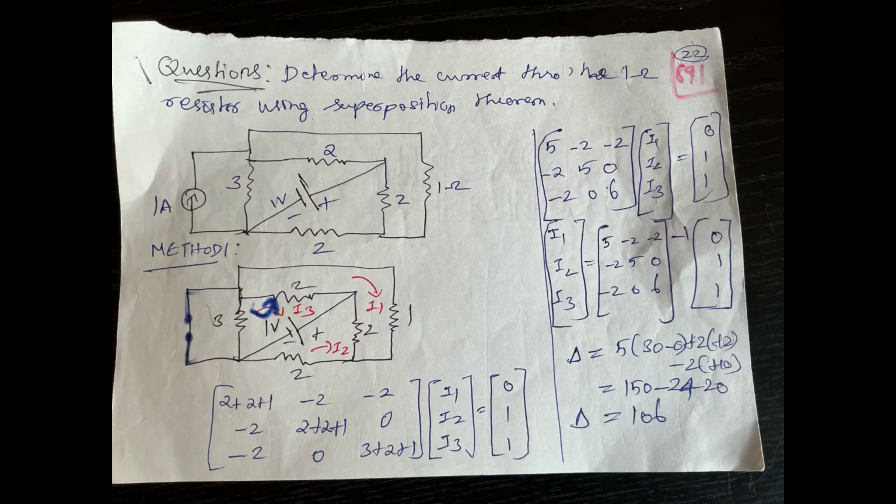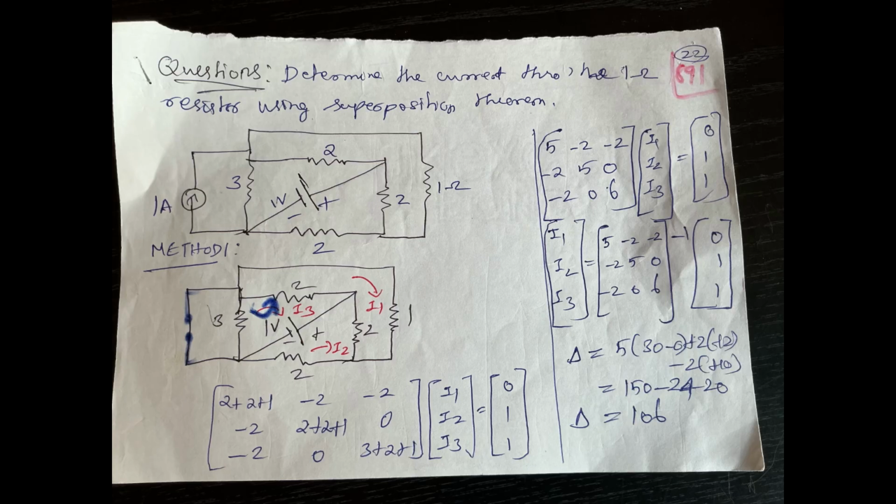In this method, we find all meshes considered; in the first method, only 3 meshes are considered. We find the determinant value and inverse matrix value, multiply the inverse by the voltage values, and divide by the determinant. Then we find the I1, I2 and I3 values.